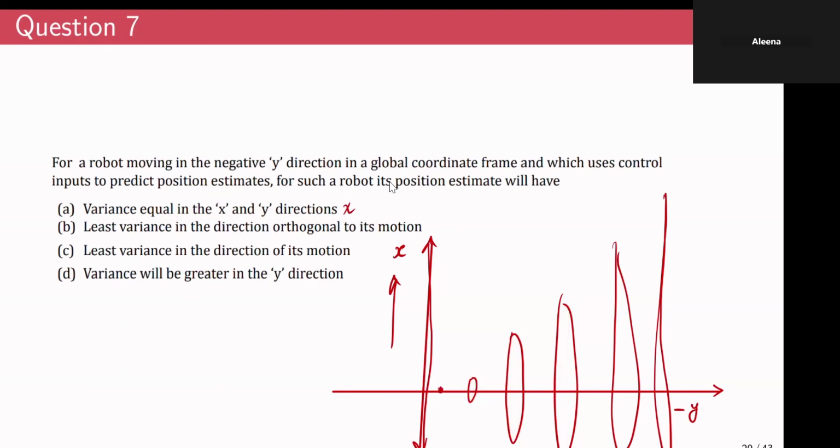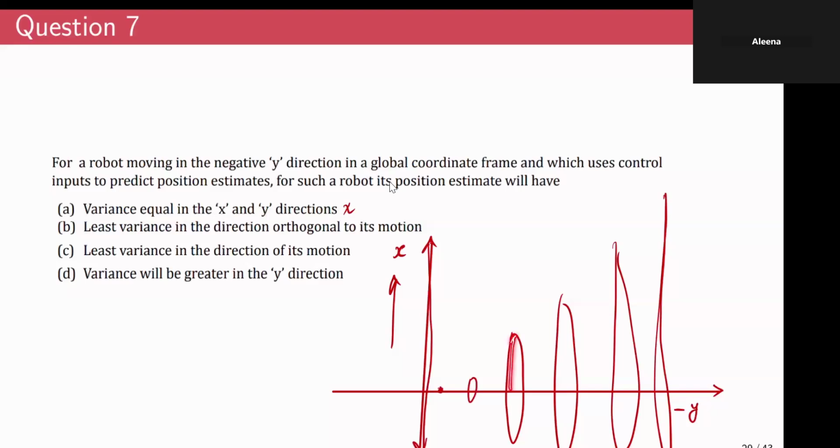What about the next statement? Least variance in the direction orthogonal to its motion. The direction of motion is along the y-axis and orthogonal to the motion is the x-axis. The statement says least variance in the direction orthogonal to the motion. So it's not the case, right?